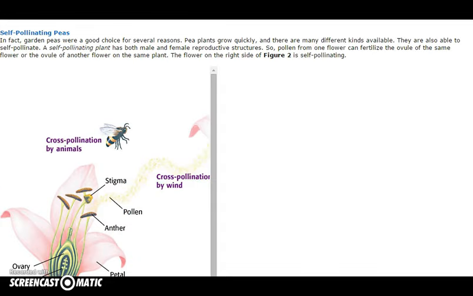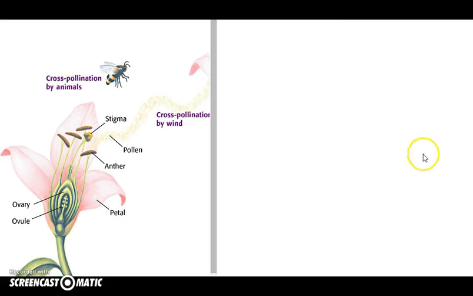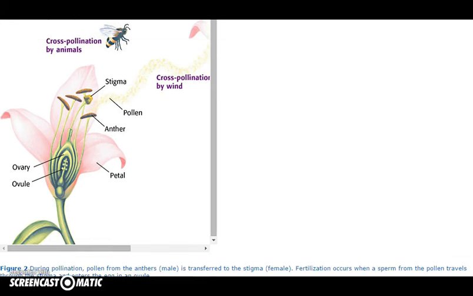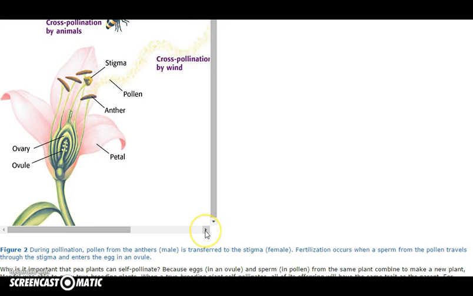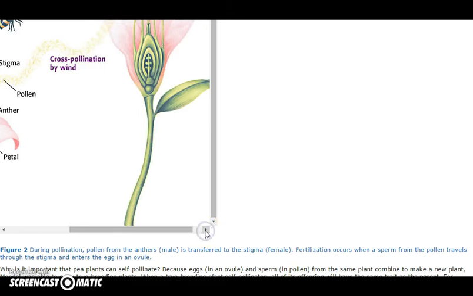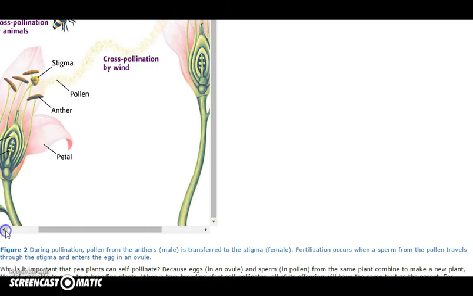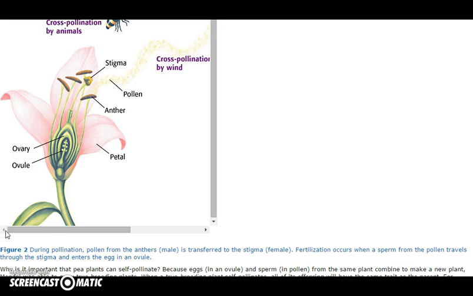Now, in the last chapter, we saw how flowers reproduce, and peas have flowers also. So we recognize all of the parts that we saw before, the stigma, pollen, anther, petal, ovary, ovule, with the bee that pollinates it. We see that this is a typical instance of flower reproduction.